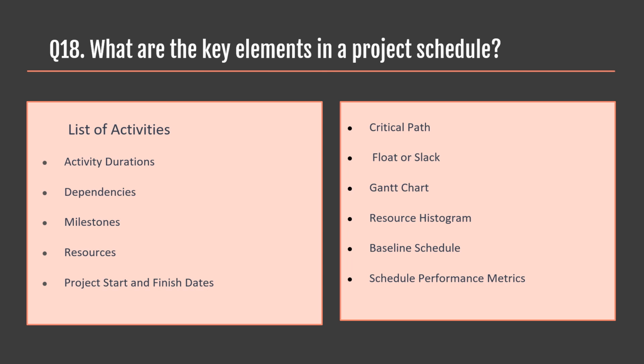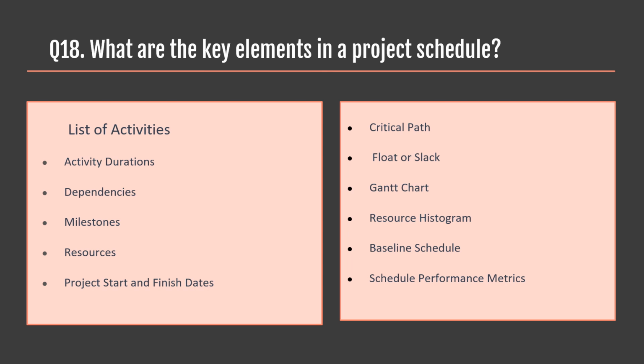Resources. Resource allocation for each task was done to avoid resource overload. Project start and finish dates. The planned start and end dates of a project representing the overall time for the project completion were mentioned.